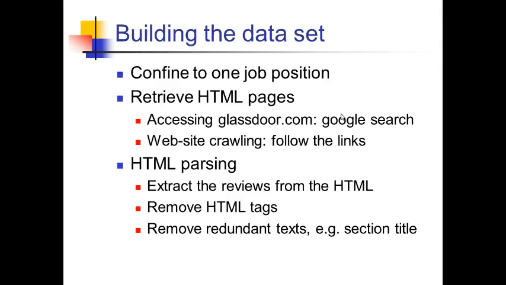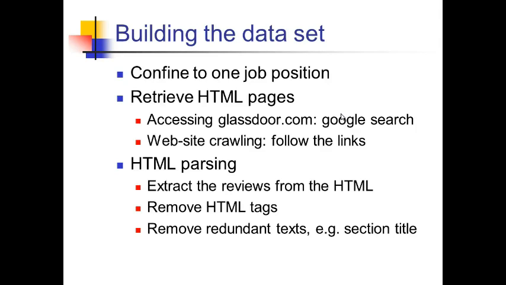And first of all, I have to retrieve all the HTML pages containing the reviews. This can be done with Google search and web crawling, which just follows the next page links in Glassdoor.com to retrieve all the relevant HTML pages corresponding to a specific position.